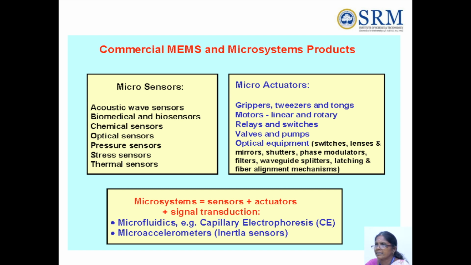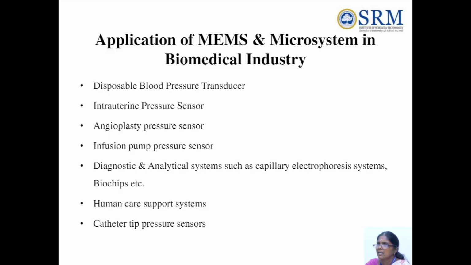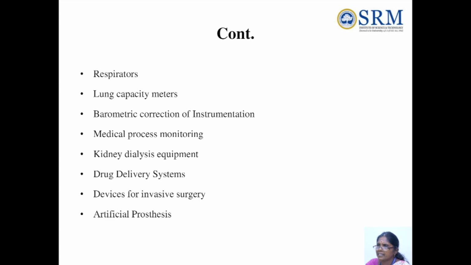Under the micro actuators: gripper, tweezer, motors, relays, valves and optical. Applications of MEMS and microsystems in the biomedical industry: disposable blood pressure transducer, intrauterine pressure transducer, angiology pressure sensor, infusion pump pressure sensor, diagnostic and analytical systems such as capillary electrophoresis systems, biochips, health care support systems, respirators, lung capacity meters, pharmaceutical process monitoring, medical process monitoring, kidney dialysis equipment, drug delivery systems, devices for invasive surgery, and artificial equipment.